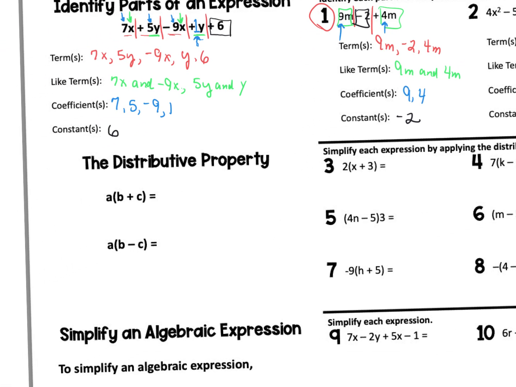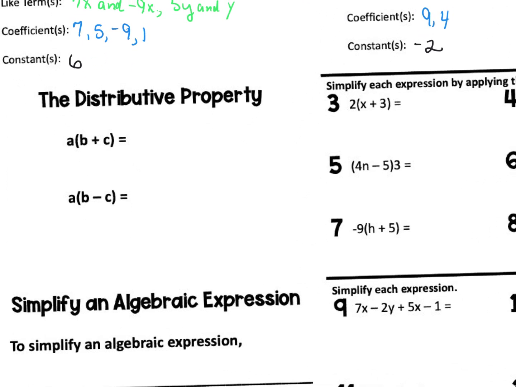Now, let's look at distributive property. Previously, you should have learned that in distributive property, we take the variable or the number in the front and multiply it to everything that's inside the parentheses.